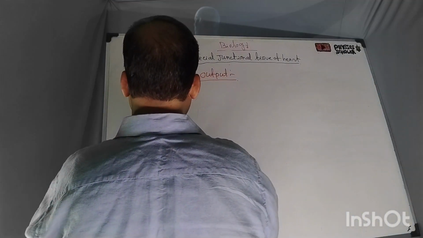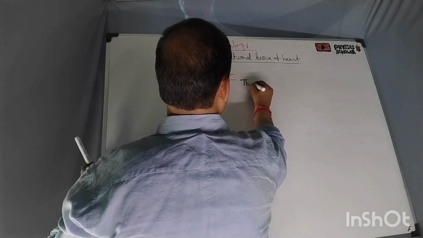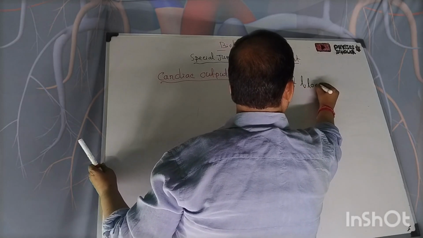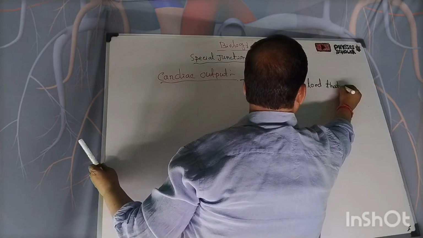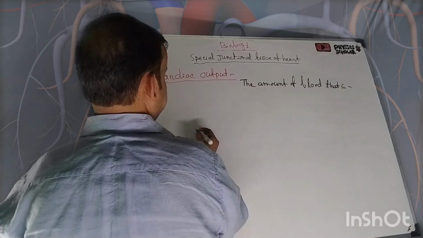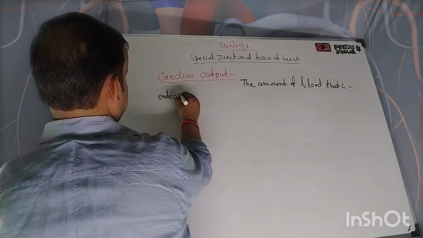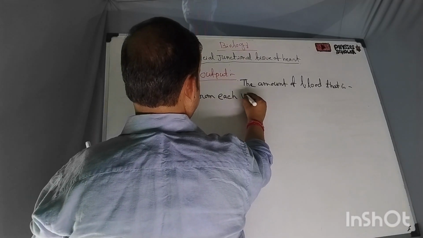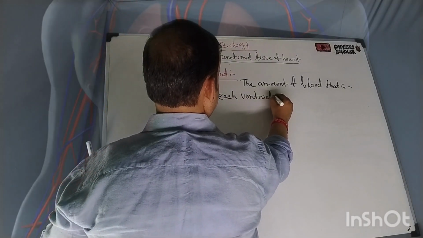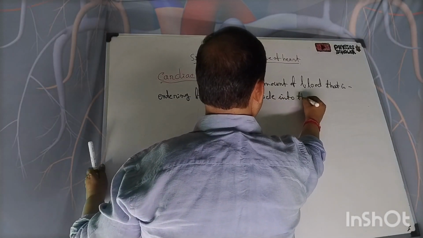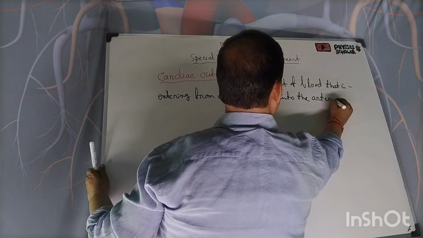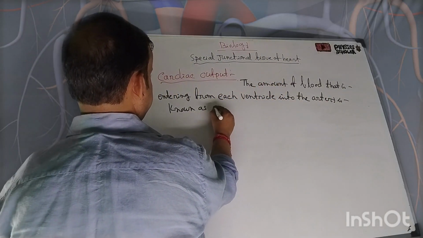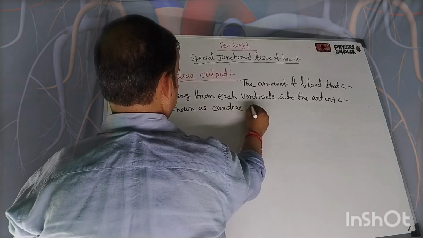Clear? So what we can write? The amount of blood that is entering from each ventricle into the artery is known as cardiac output.